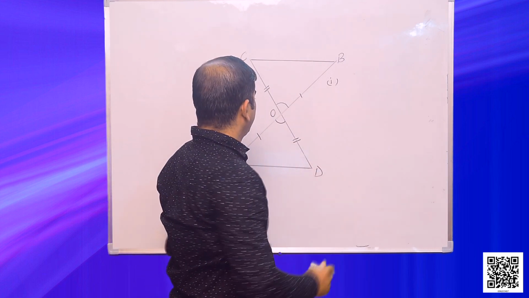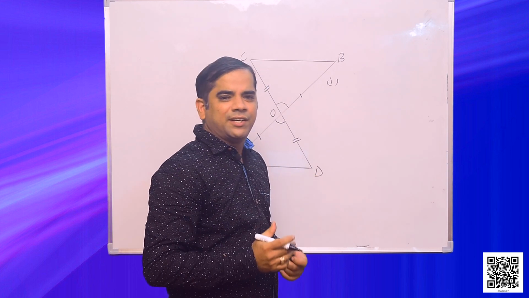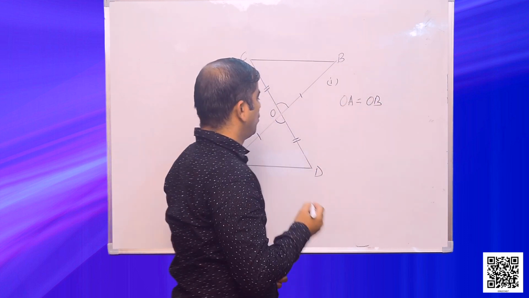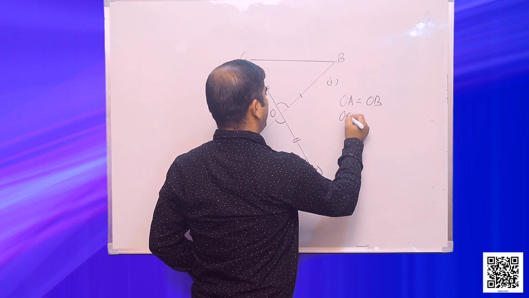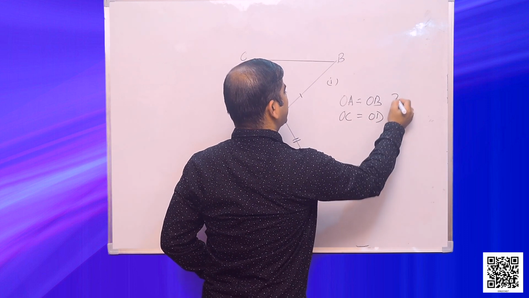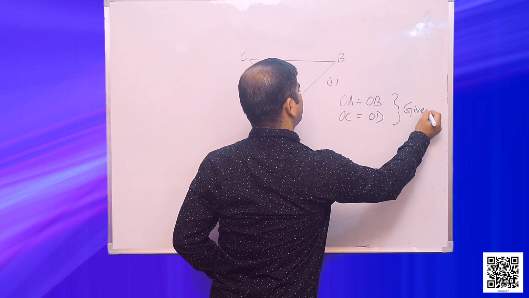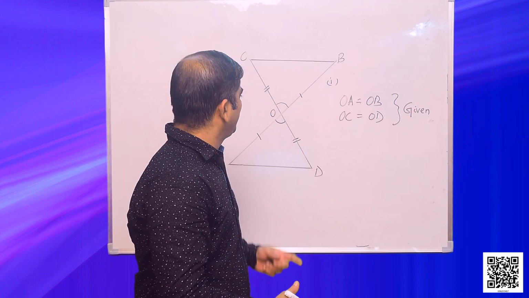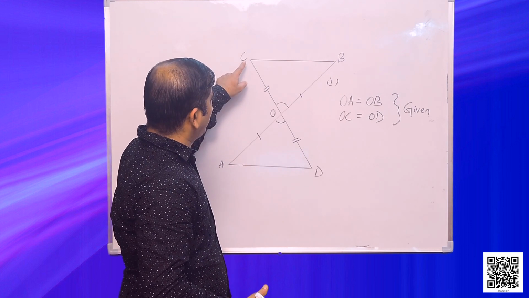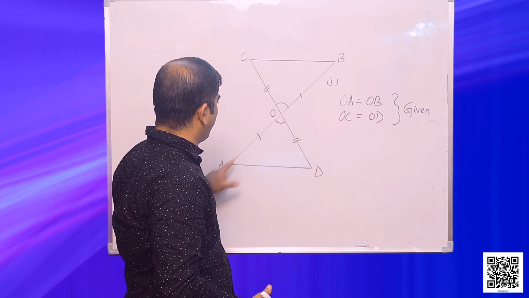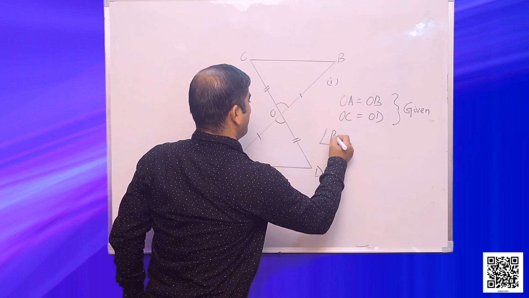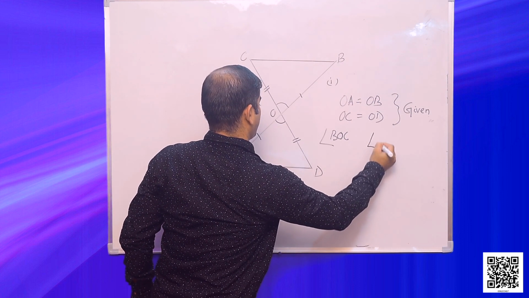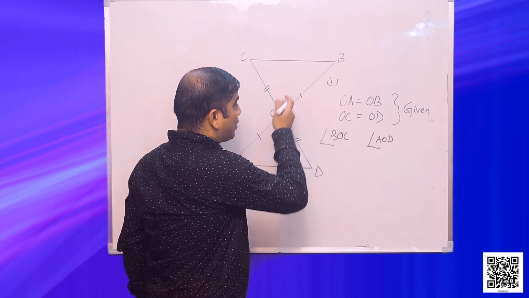So students, in your question, OA is equal to OB and OC is equal to OD. These are given data, isn't it? Also, you can clearly see that angle BOC and angle AOD are equal to each other.